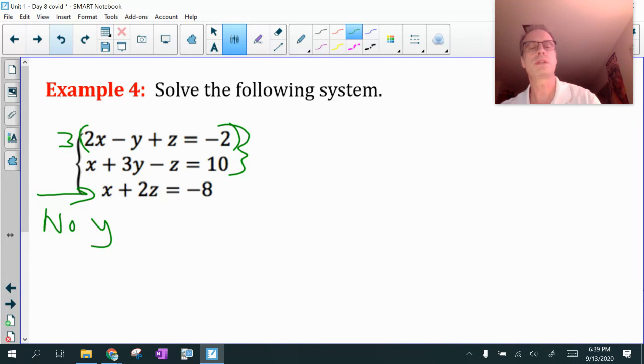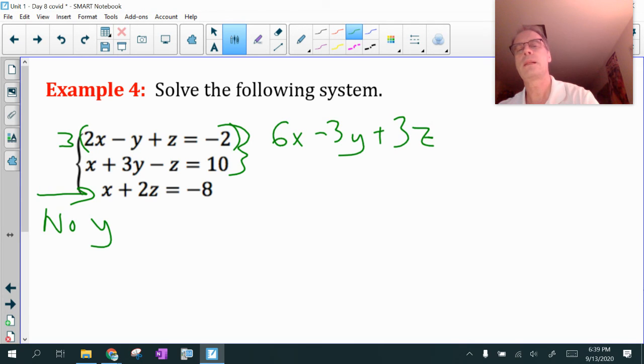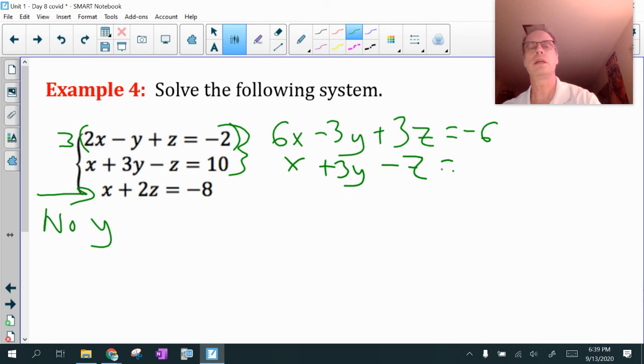So let's see. 3 times 2 equals 6x. 3 times negative y is negative 3y. 3 times z is 3z. And 3 times negative 2 is negative 6. Good so far. Now just recopy that second equation: x plus 3y minus z equals 10.